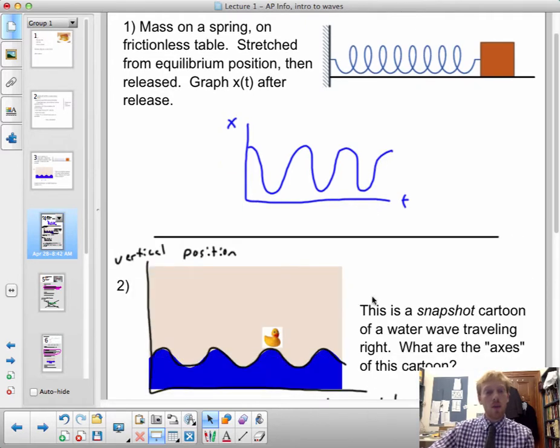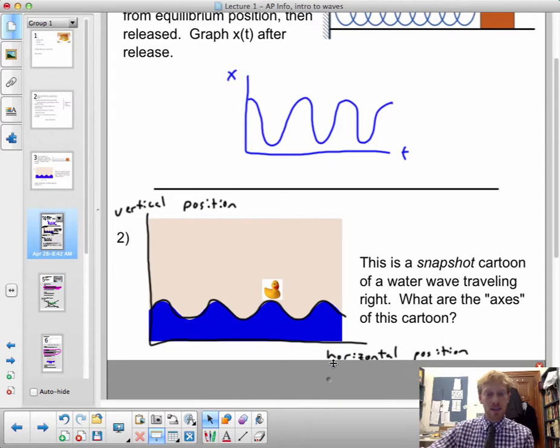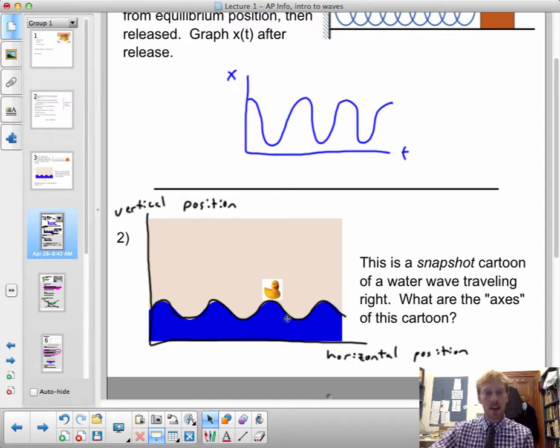Okay, with the rubber duck, I want to suggest that a camera image, when you consider what is being communicated about the height of this wave, it is vertical position as a function of horizontal position. A vertical position of the wave in meters as a function of how far the point you're considering is from the left part of the camera image.